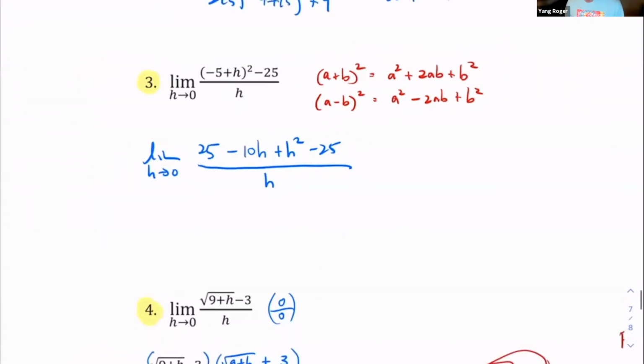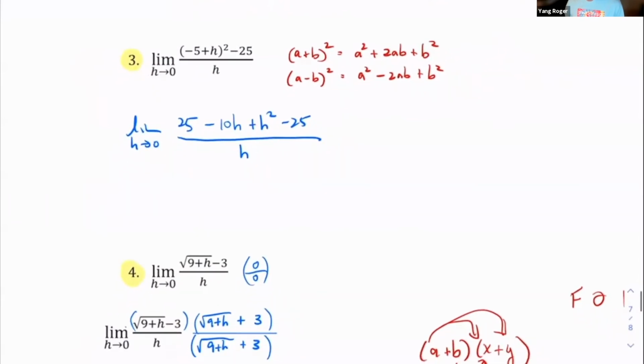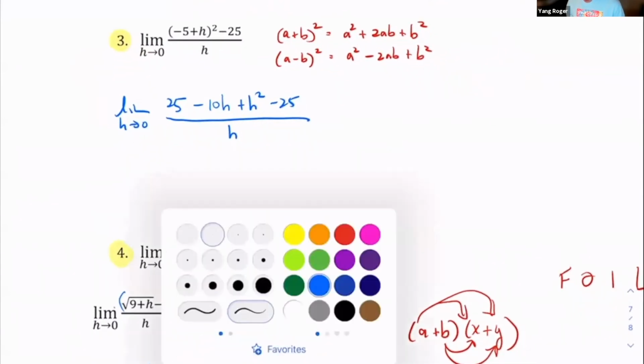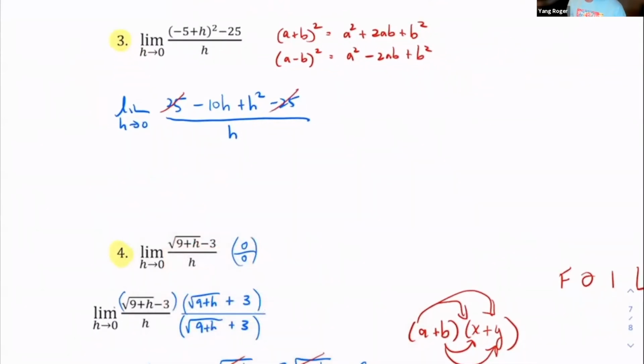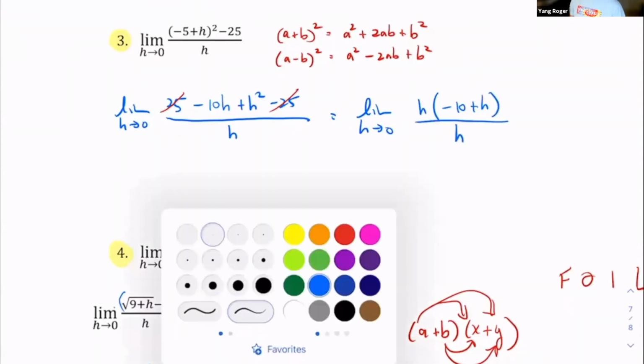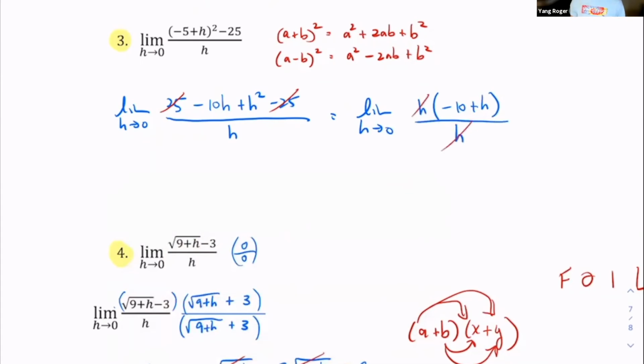Once I've distributed, I hope you guys can see that we'll have a 25 in front and a minus 25 behind there. And now what's good is that the remaining terms in the numerator have h. So I could just factor out an h from the numerator. I'm going to get the limit as h goes to 0. I could pull out an h and I'm going to get -10 plus h. On the denominator, I'm going to have an h over here. So then those h's from the numerator and the denominator cancel.